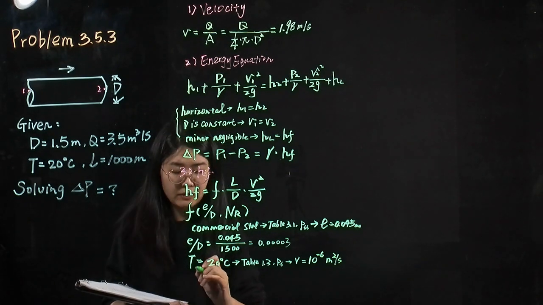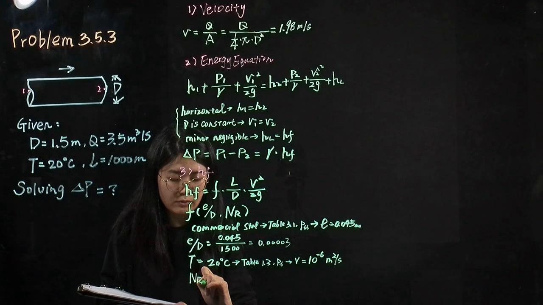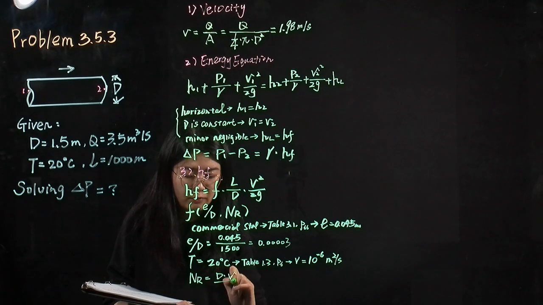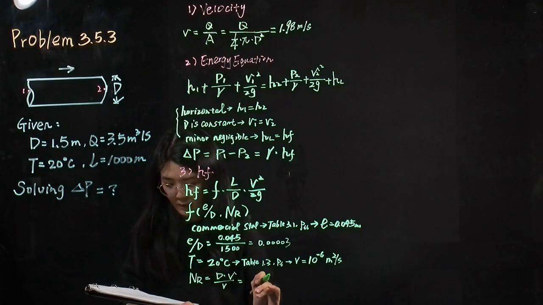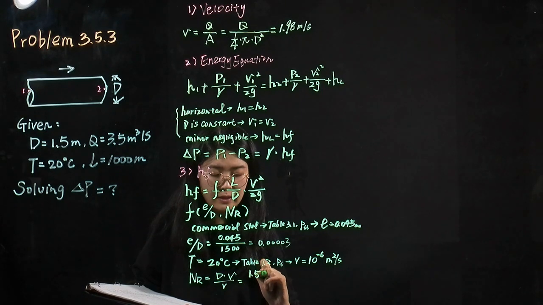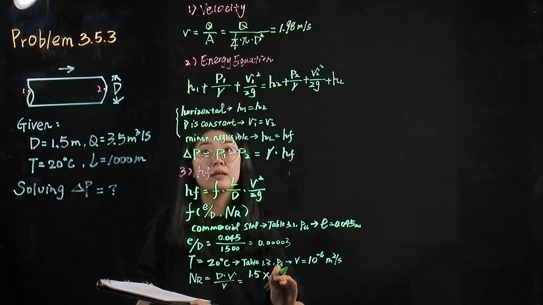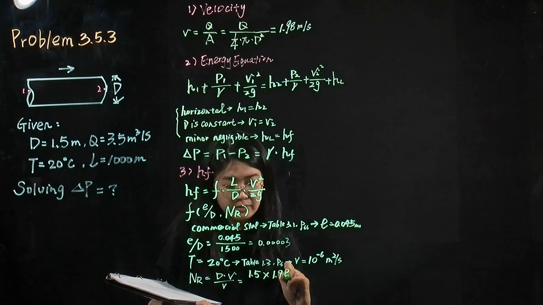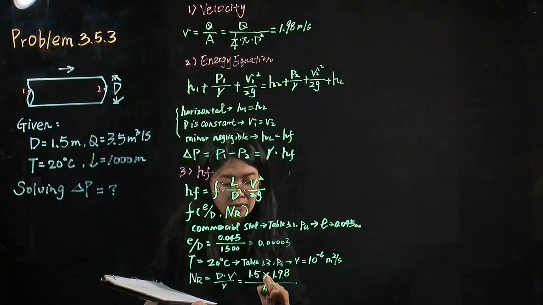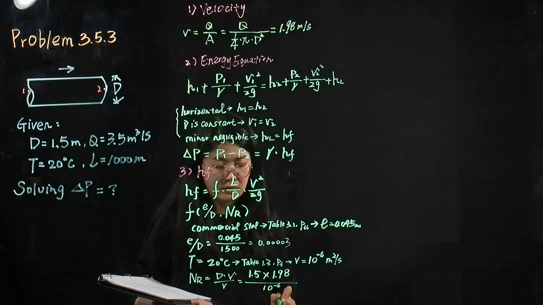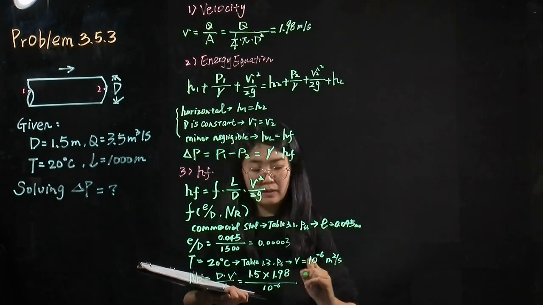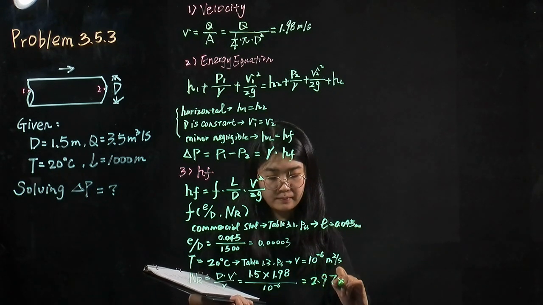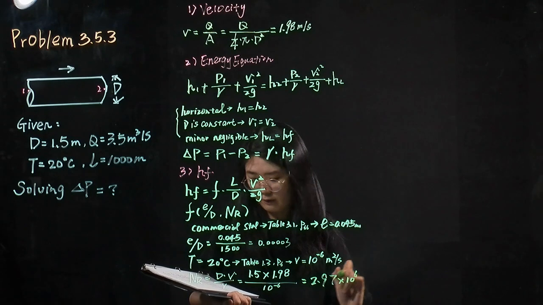Then we can calculate the Reynolds number, which is equal to diameter times velocity over viscosity. Diameter is 1.5 meter, the velocity is 1.98, over viscosity 10 to the power of minus 6. We get the Reynolds number 2.97 times 10 to the power of 6.